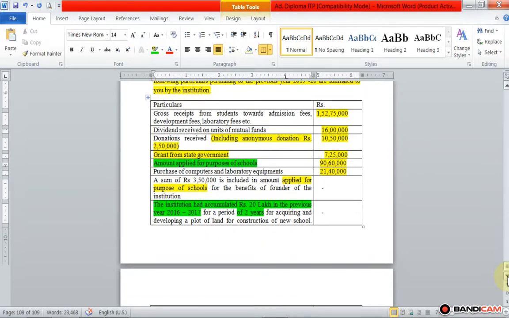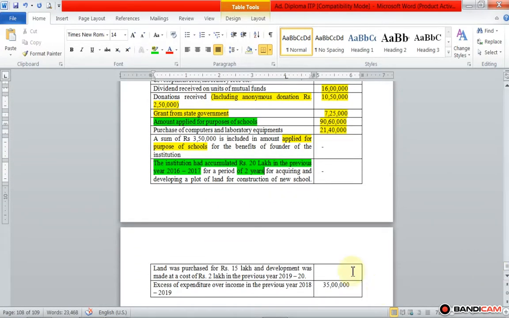For the construction of a new school, land was purchased for rupees 15 lakh. So here land was purchased, then it is application, so it is not taken into consideration.